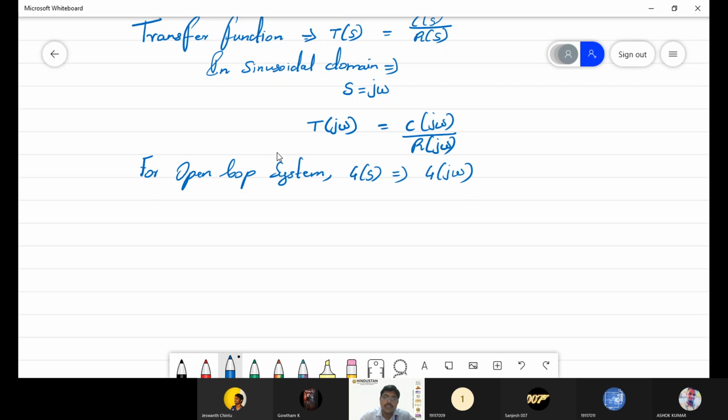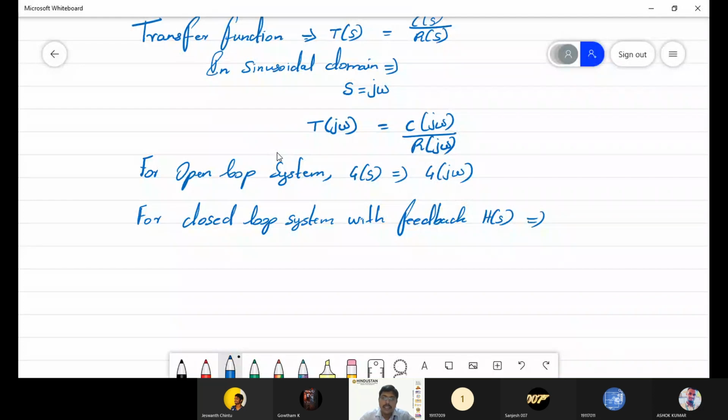And similarly, the closed loop system with unity feedback, or with feedback H of s, we can write the closed loop system C of s by R of s equals G of s divided by 1 plus G of s H of s.